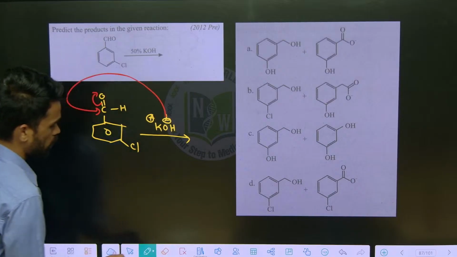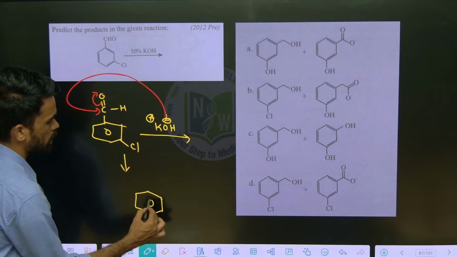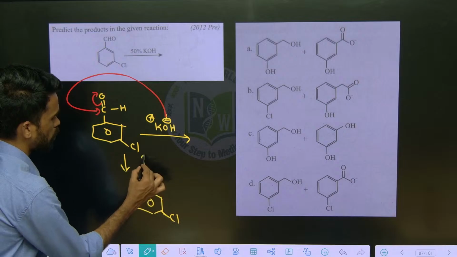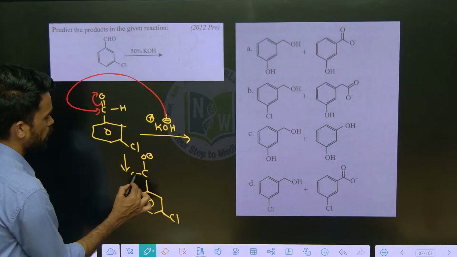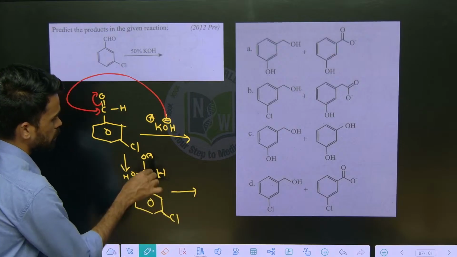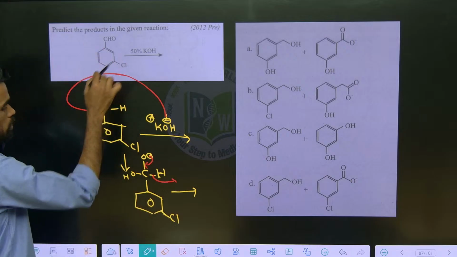A carbonyl compound without any alpha hydrogen can undergo Cannizzaro reaction. So it will form O minus and OH on the carbon, and then a hydride shift takes place.